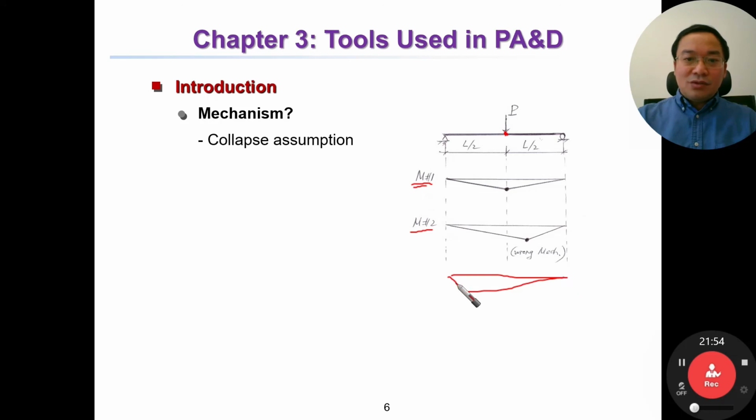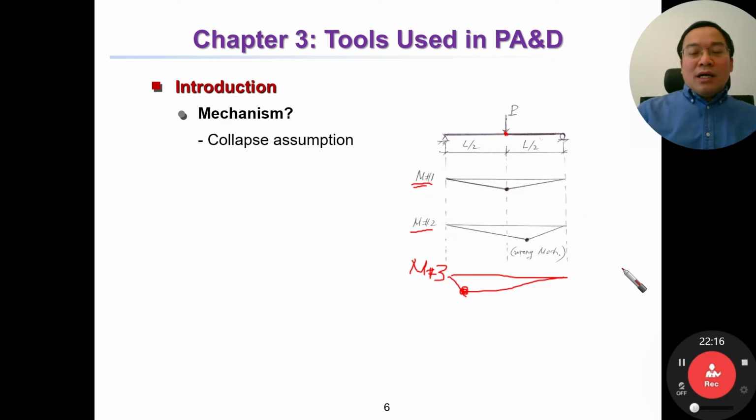We are free to assume; maybe it's wrong, but we will check later. That is what we call a mechanism. Here, mechanism number 3.